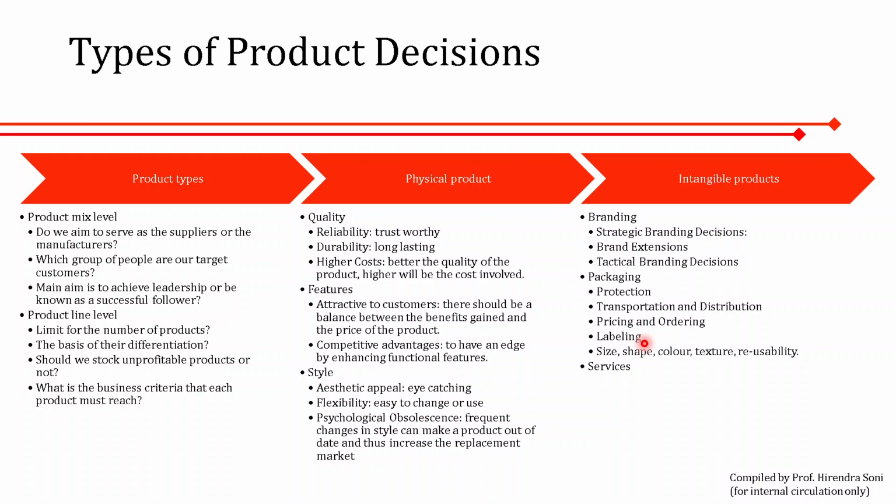To an extent, it also talks about the location where the product is manufactured, whether the company is a manufacturer or just a trader. I don't know whether you have seen some products of HUL as well as P&G, which are not manufactured by them but are actually marketed by them.